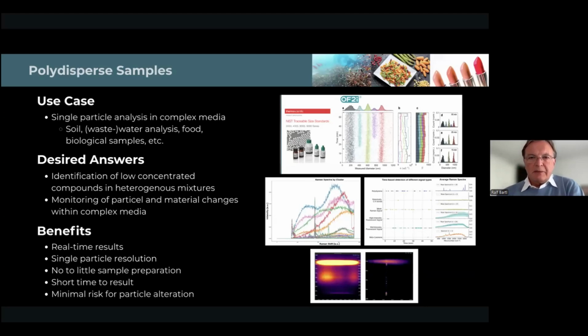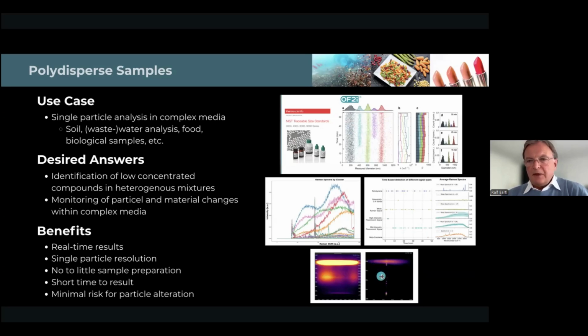As I said, we are measuring on individual particles, at a single particle level. And this gives us the opportunity to, even in complex media, look at individual particles and count them, measure them, and identify them with Raman spectroscopy.